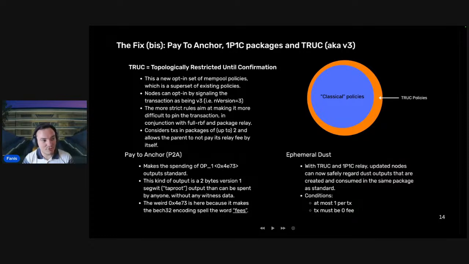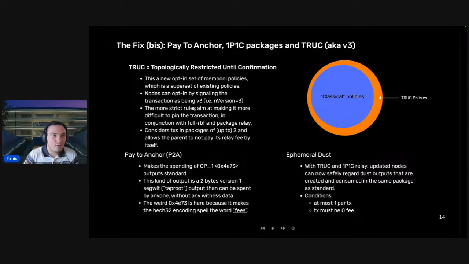One of them is called TRUC, which stands for Topologically Restricted Until Confirmation, which is a very great name. Before that, it was called Transaction version 3 or Transaction v3, because it's an opt-in mempool policy. So it's an opt-in set of mempool policies.